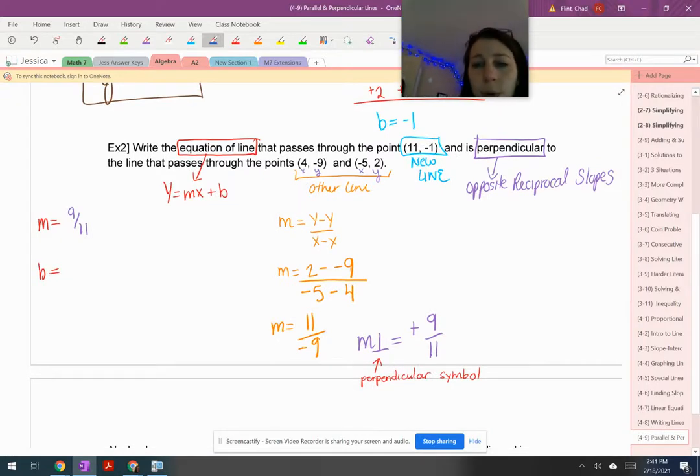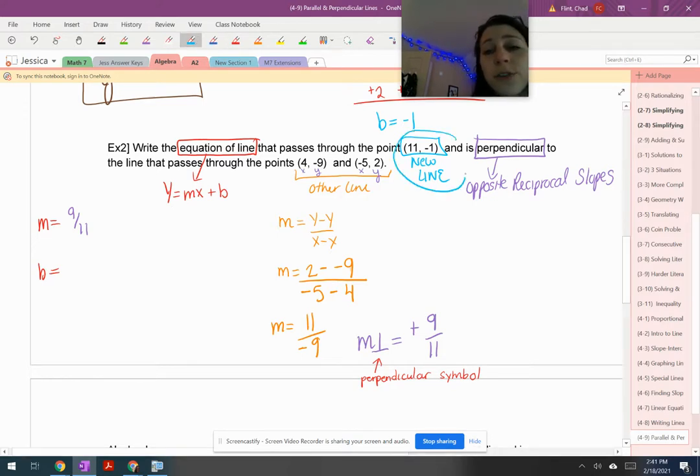Okay, so we have our y equals mx plus b. Again, we have to use the new point here. We don't have a choice like we have in the past. We've got to use this new point. So negative 1 is the y value. I'm using my new slope of positive 9/11ths and an x value of 11, plus that b.